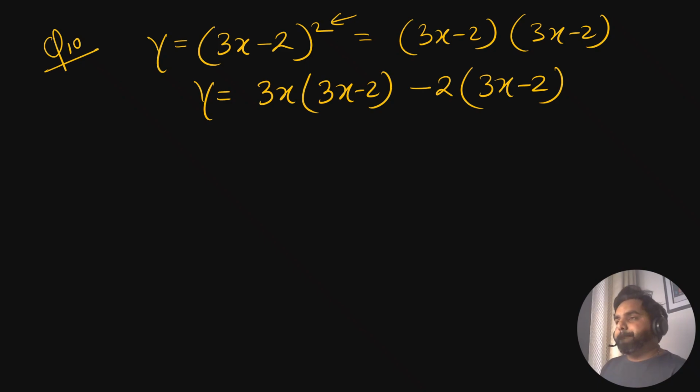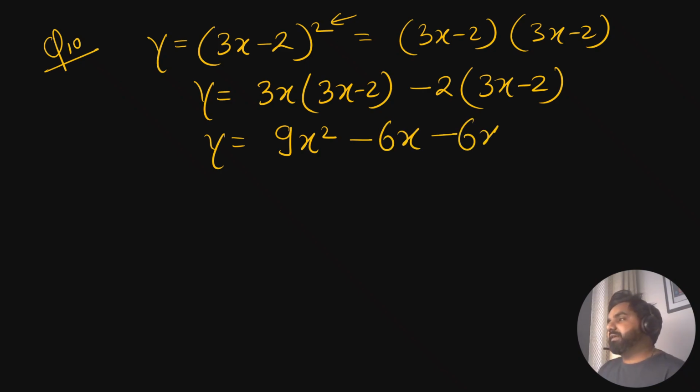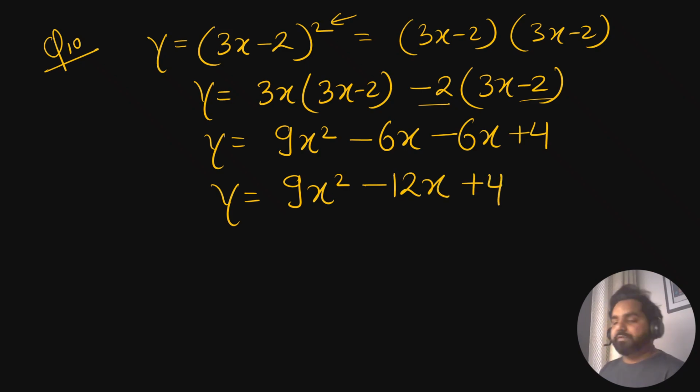So this will become 9x square minus 6x minus 6x, and minus times minus will become plus, and 2 times 2 is 4, so this will become plus 4. So far we are still trying to simplify, and this will become minus 12x plus 4. Now here I will try to differentiate.